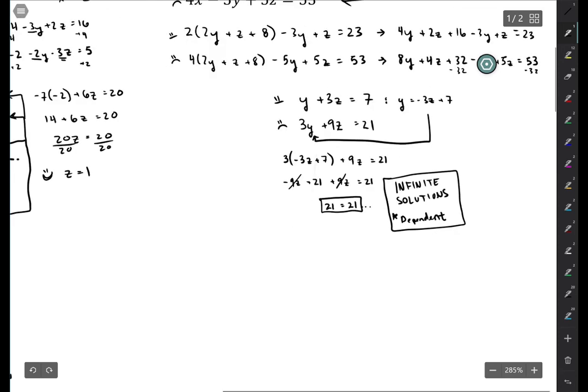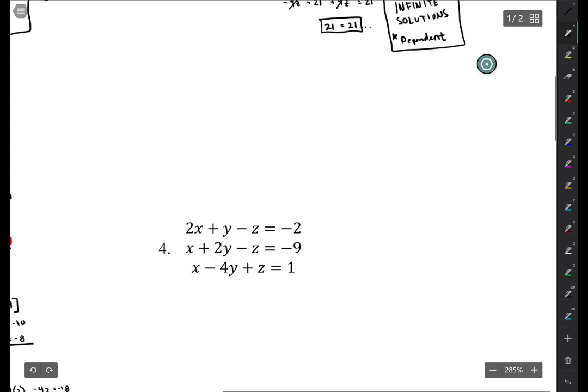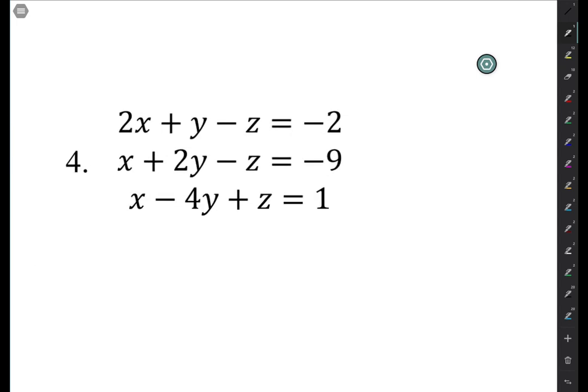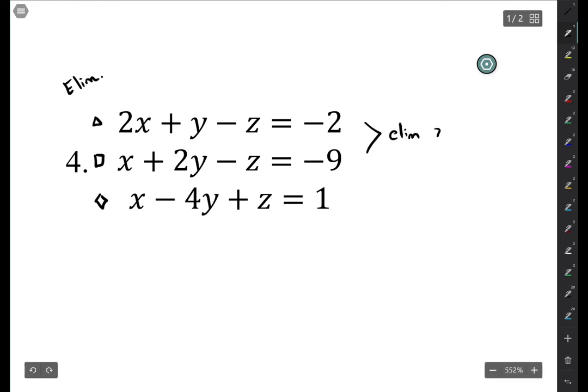Let's take a look at number 4. This one's set up pretty well to start with eliminate. So, again, if I just look at triangle and square, I'm going to say the easiest thing is to eliminate z. And again, you will need to do the same thing for these two.